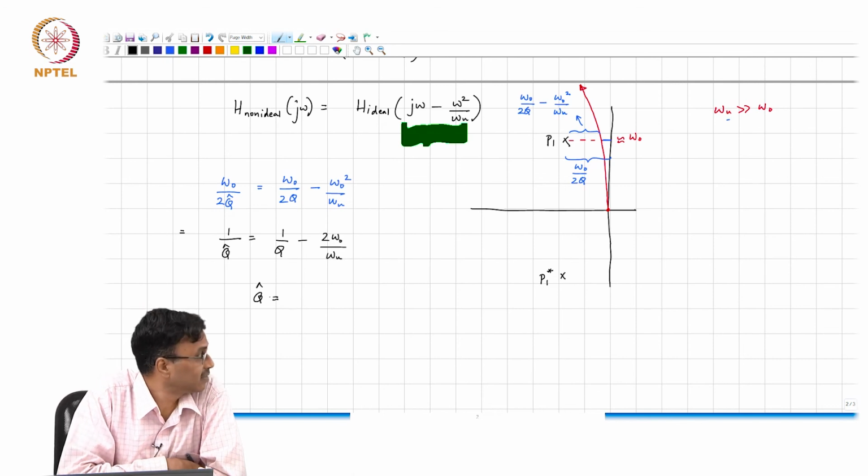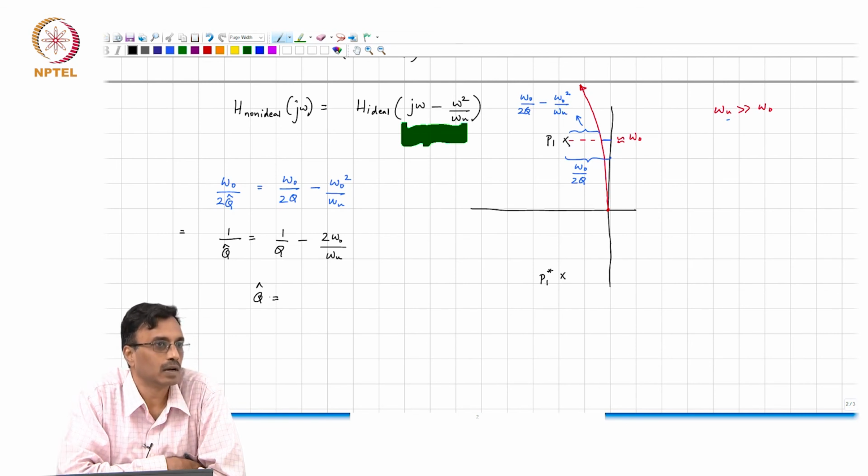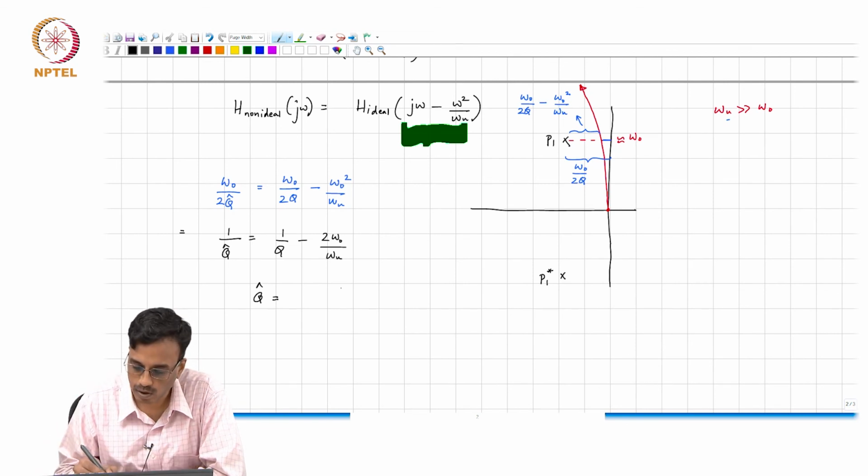Can you express that as q times something, so that when omega u tends to infinity, that something tends to 1? Very good, very good. Q divided by, very good.